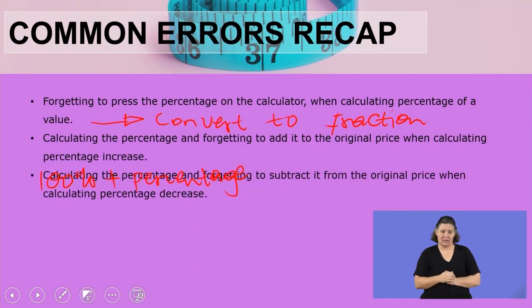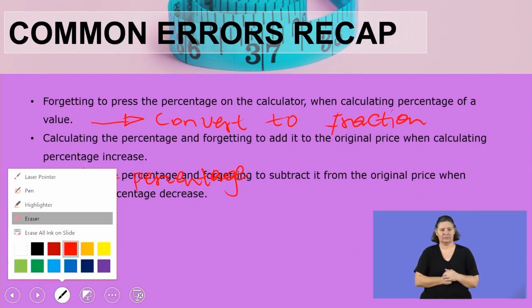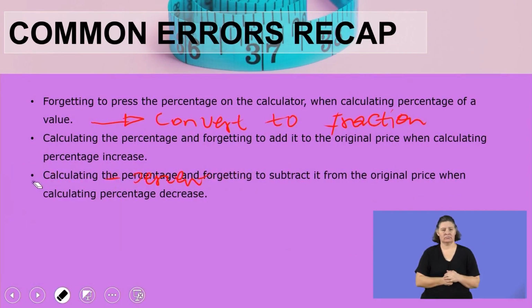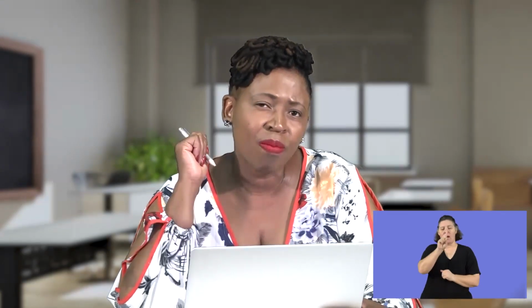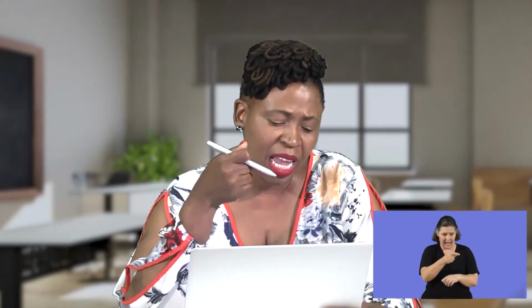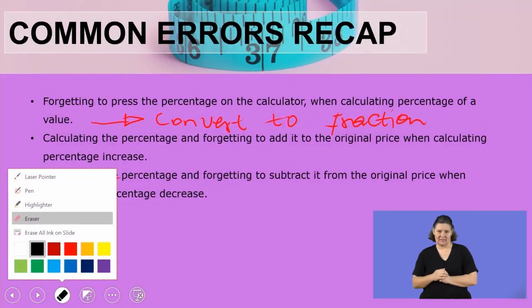And finally, calculating the percentage and forgetting to subtract it from the original price. To close this gap once more, you need to subtract that percentage from 100%, and from there you multiply it, and then you will get your value.